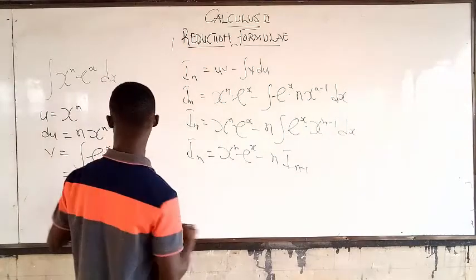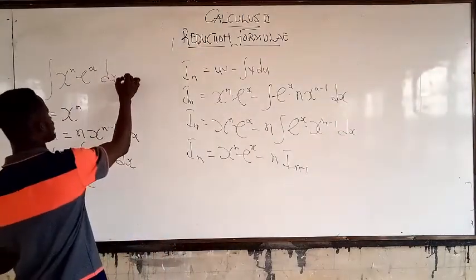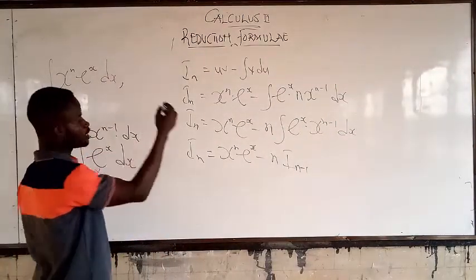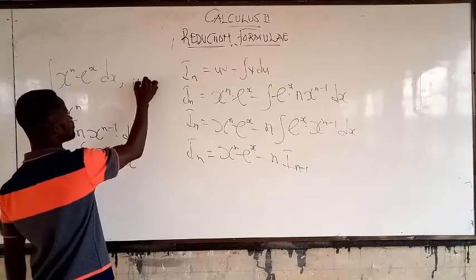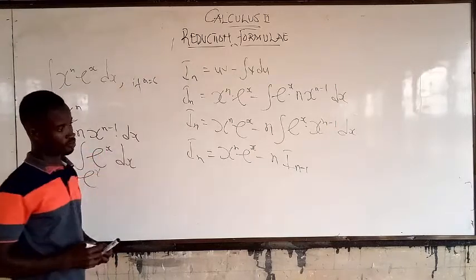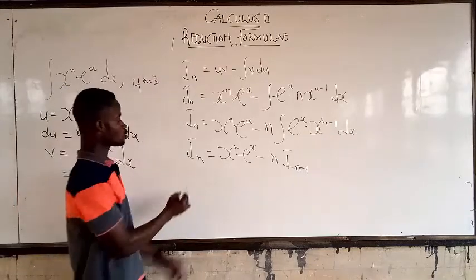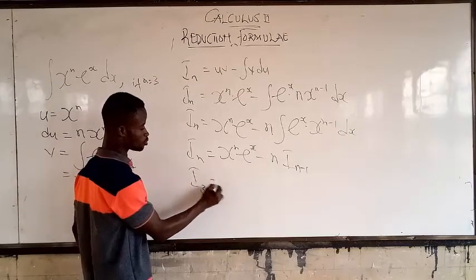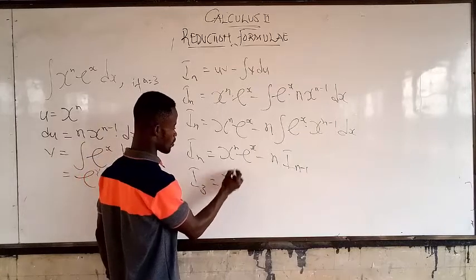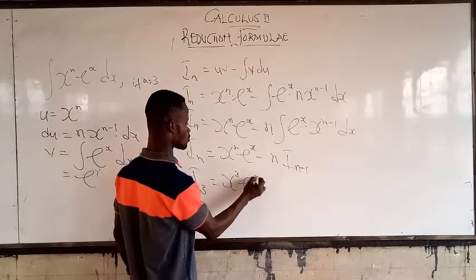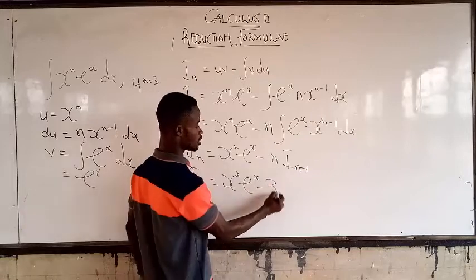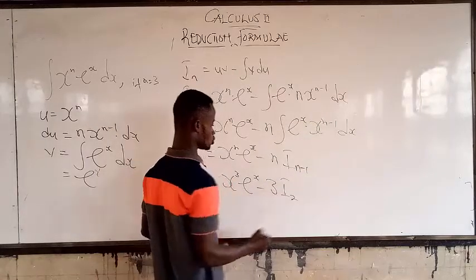So here you can be given that, evaluate if n is equal to 6 or if n is equal to 3. So for n equal to 3, we get I3 equal to x to the power 3 e raised to the power x, minus, by substitution, 3 I2.